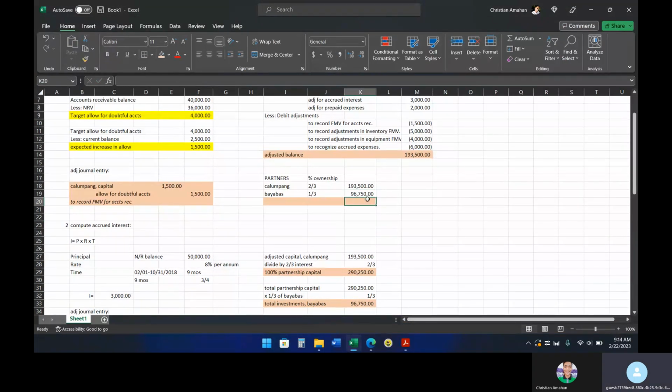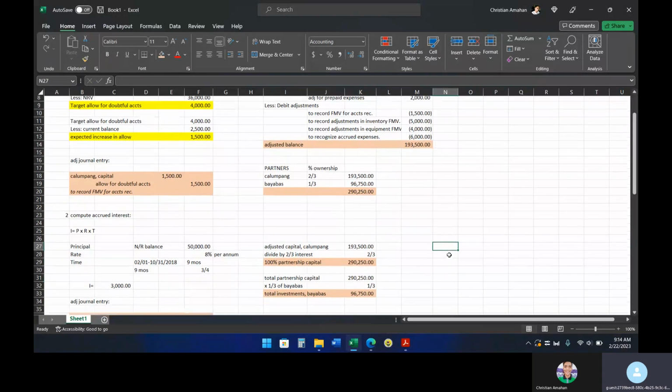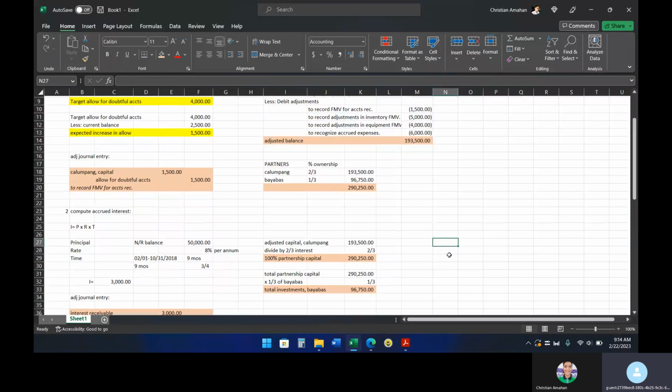So, if we check this computation, the total capital should equal 290,250. So, 193,500 plus 96,750 of Bayabas, the total capital is 290,250. So, we are correct in our computations. Meaning, the cash investment of partner Bayabas to get a 1/3 ownership in the partnership business should be equal to 96,750.